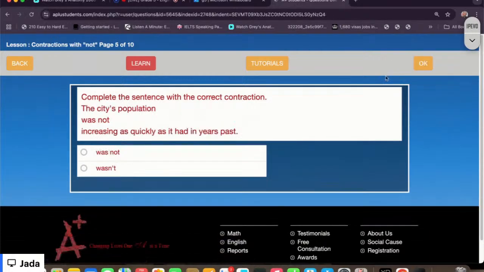Okay. The city's population was not increasing as quickly as it had in years past. What is the right contraction? All right, option two, wasn't. Okay.